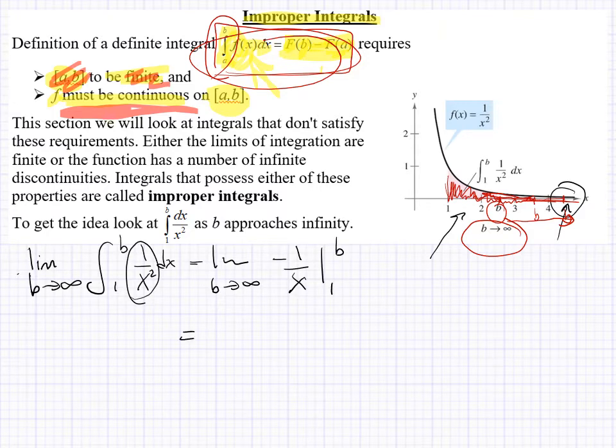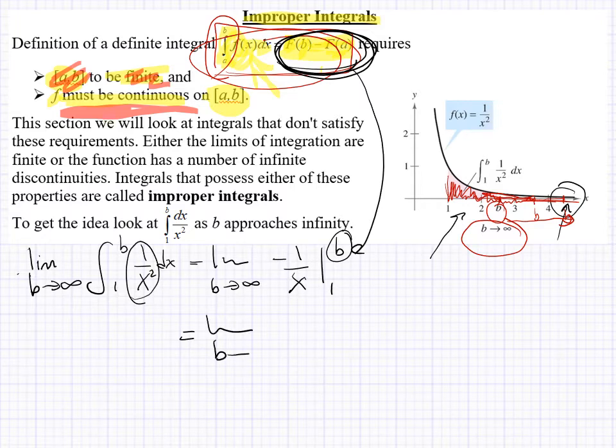I would then plug in b and 1 and subtract, and I can do that. I can apply the fundamental theorem to this because we're calling b a finite value for right now. Okay? And so the limit as b goes to infinity of negative 1 over b plus 1 over 1. Okay, I'm just plugging in b and plugging in 1 and subtracting, applying my fundamental theorem.